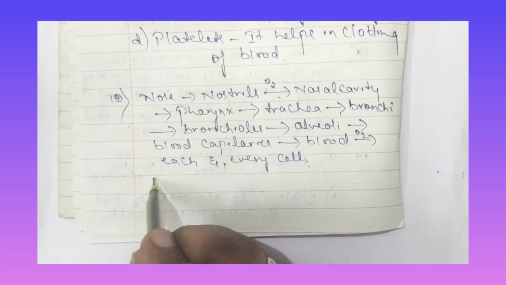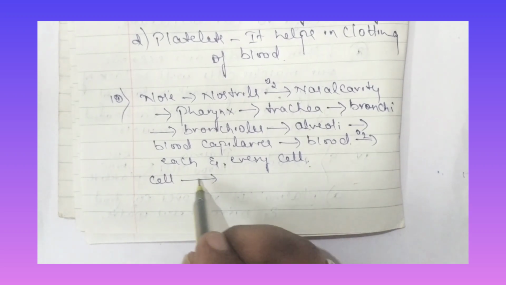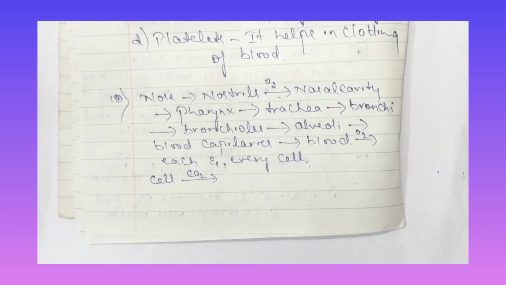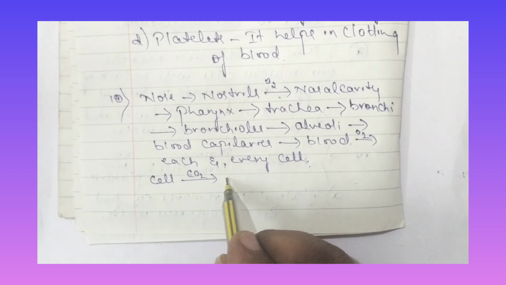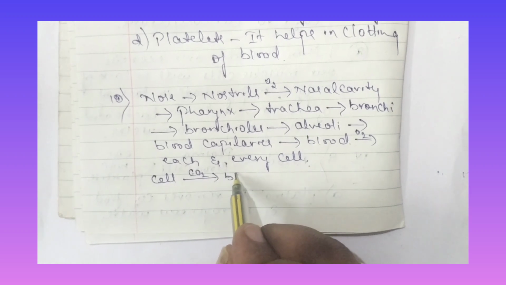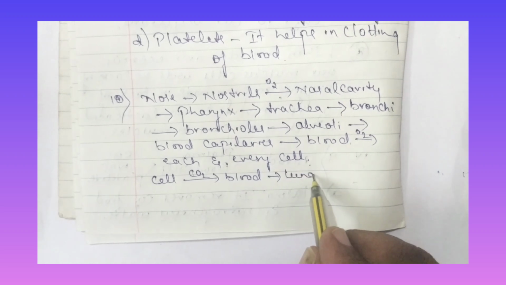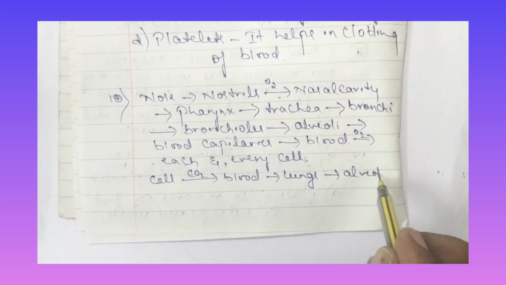Then in each and every cell, aerobic respiration takes place, and during aerobic respiration, carbon dioxide is released. This carbon dioxide released in the cells is carried by blood to the lungs, to the alveoli.